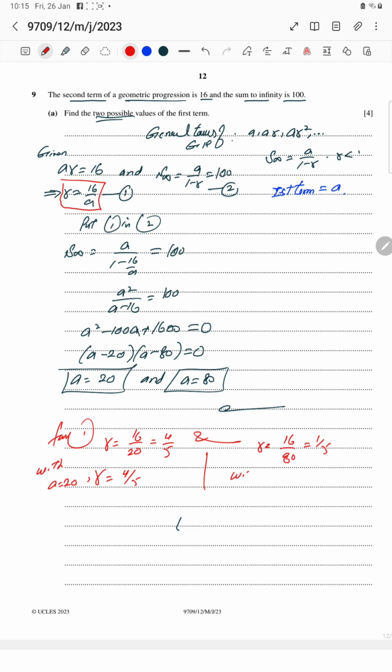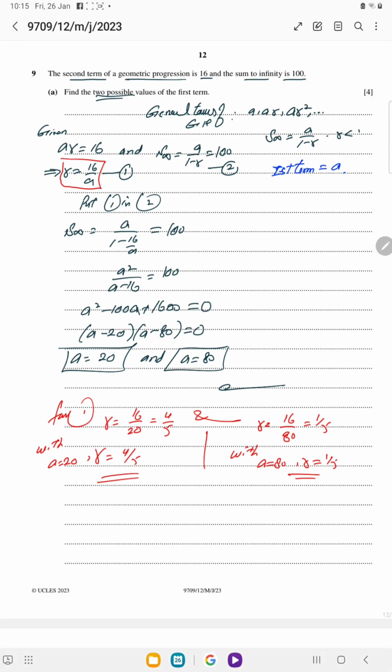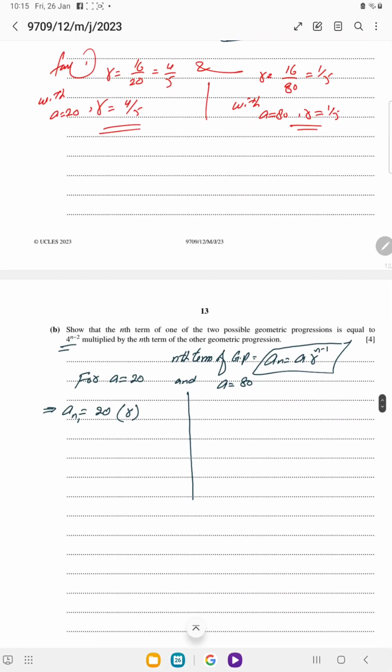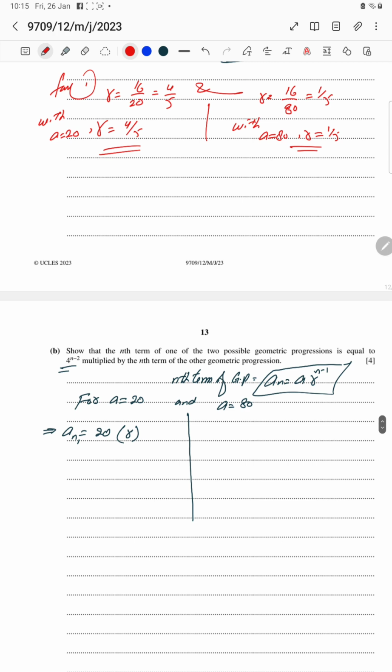So with A is 80, R is 1 by 5, and we will use these values in part B. So with A equal to 20 we take R as 4 by 5, and with 80 we take R as 1 by 5.